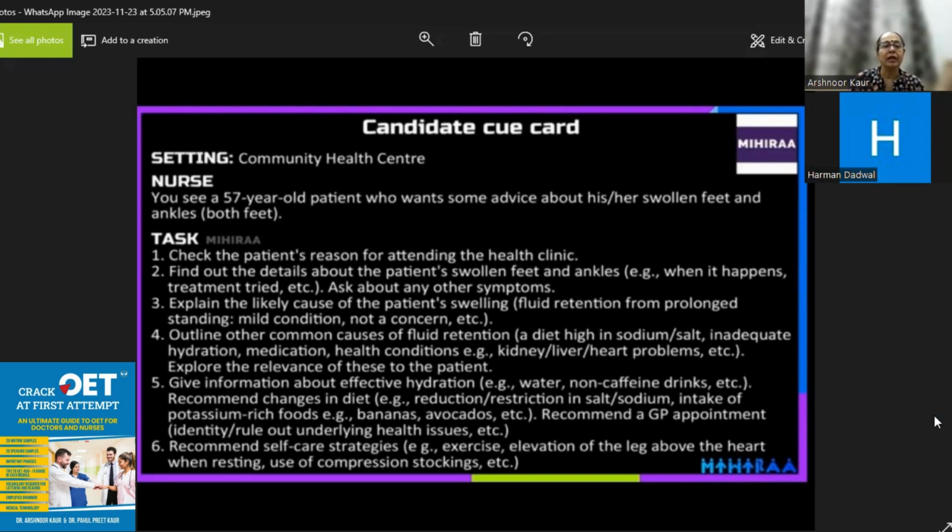Then the next is give information about the effective hydration, that is water, non-caffeine drinks. Now, this is important again, that non-caffeine drinks. This means you have to ask, do you take any caffeinated drinks, or how many caffeinated drinks do you take, or how many coffees do you take? It may be coffee, tea, or cold drinks or the soft drinks.